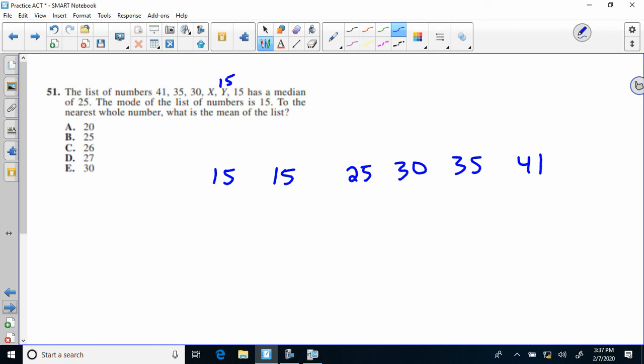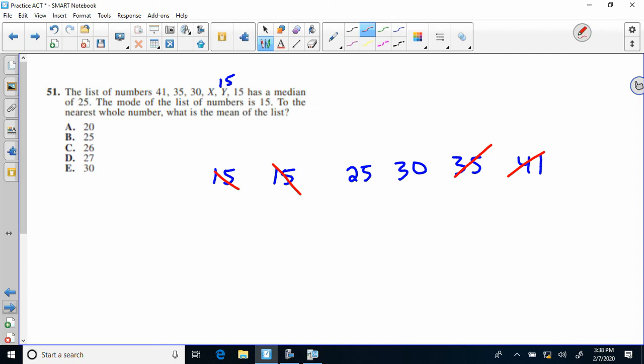So it says it has a median of 25. So median is the middle. So if I cross them off and go to the middle, one on the left and one on the right cross off. So then I cross off my next numbers, one on the left and one on the right crosses off. And then I need to cross off my next two numbers, right?